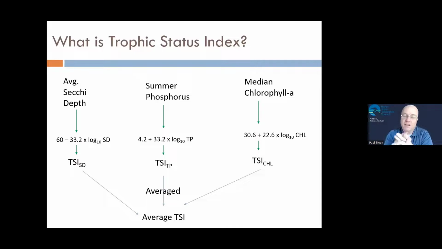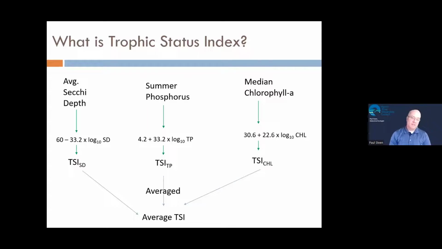We have median chlorophyll, which is measured in parts per billion. These are measuring different things. They're measuring them at different scales. So if you were just to try to compare one number to another number, it just can't be done. They're different things that we are measuring.